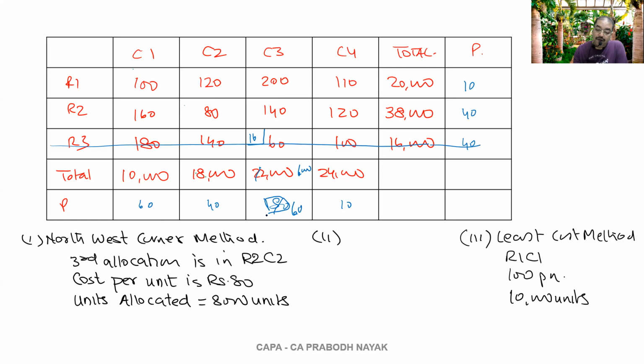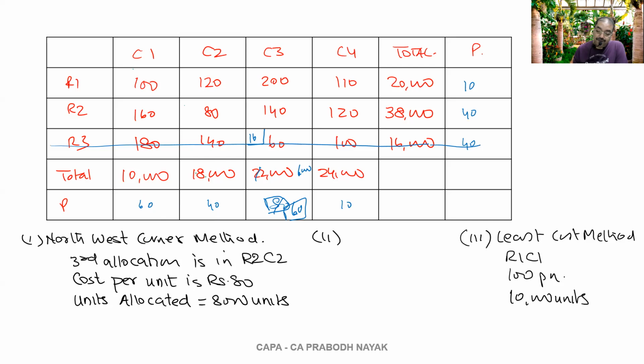And the highest again is this or this, either one. R2C3? R2, C3, no? C2. 80. R2C2, sir.